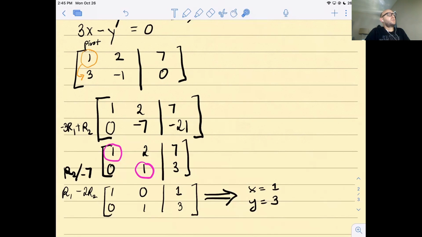Let's actually try another. I'm going to give you a 2x2 to try on your own, to make sure you can do these steps, and then we'll do a 3x3 together. Let me give you one to try on your own.